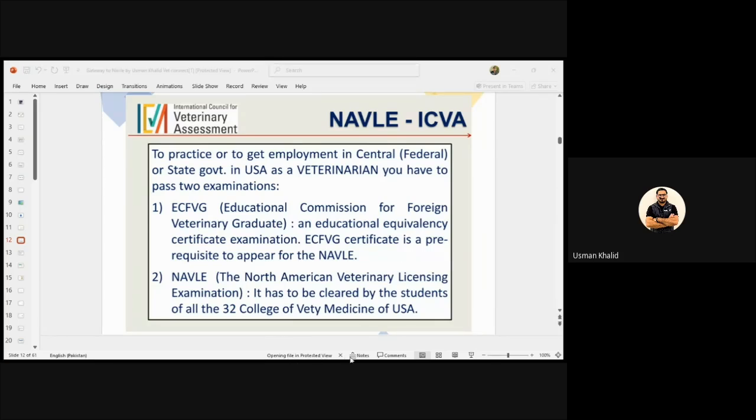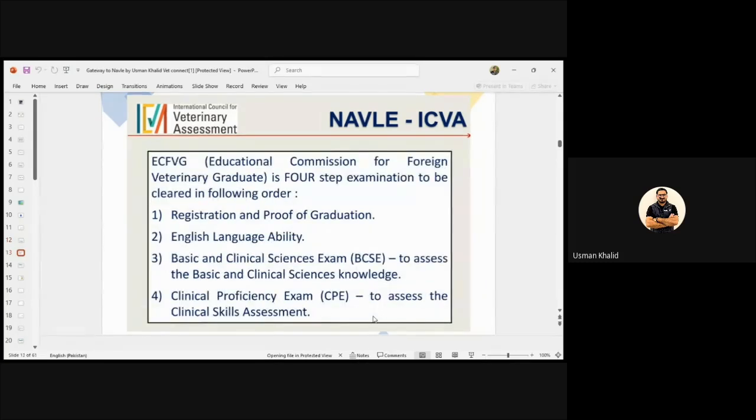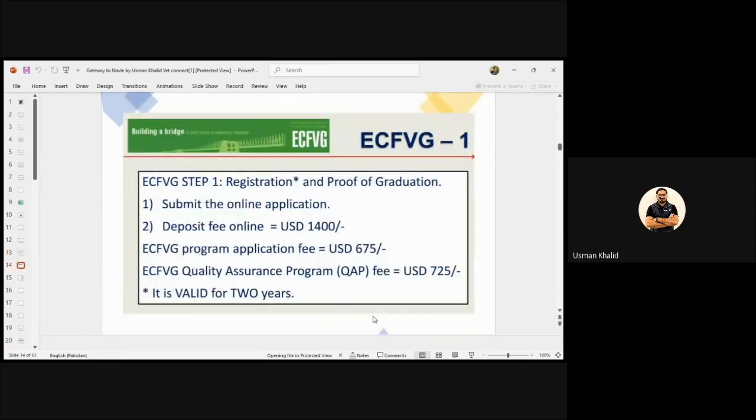Everything is online. You have to submit your application and all those things. Some of the documents, they say you may need to send via some kind of courier service, but otherwise the procedure is all online. You fill out the application and pay the fee by credit card. Then there are some documents to attach: your degree, DMC, and some pictures.